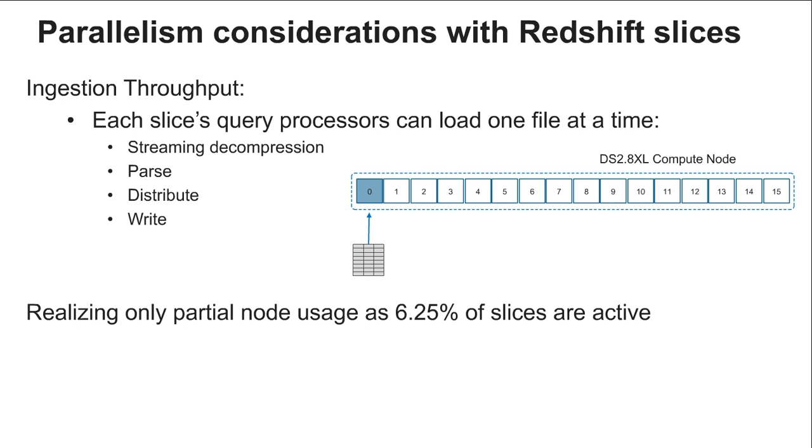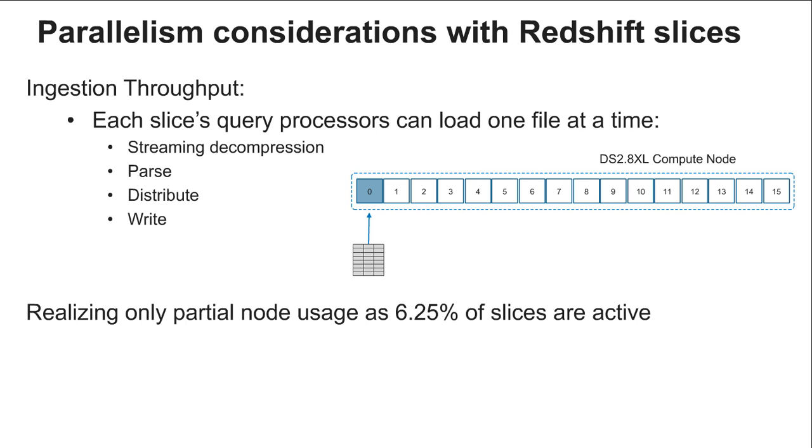This is an example with a fictitious cluster, just a single one-node cluster, which is a DS2 8XL. This particular cluster has 16 slices in it, because that's what that node type has. And imagine we have a CSV file that we're going to load into the cluster, just a single one. So we say, hey Redshift, here's some CSV file sitting on S3, go load this.